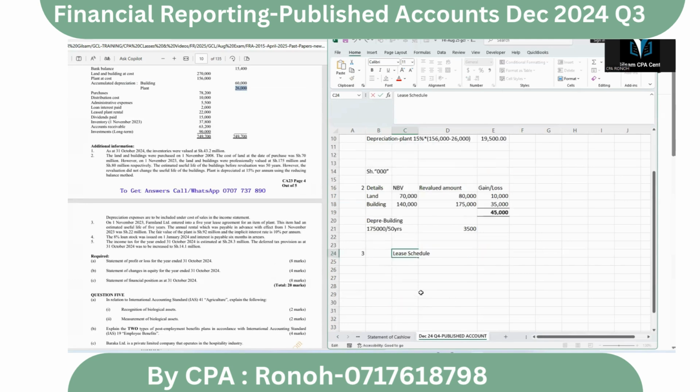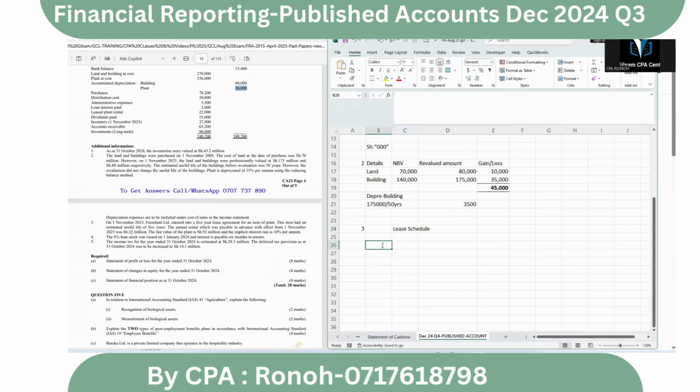A lease schedule. So we will have periods 1, 2, and the amount or balance brought forward. Balance brought forward, you take the 92 million.